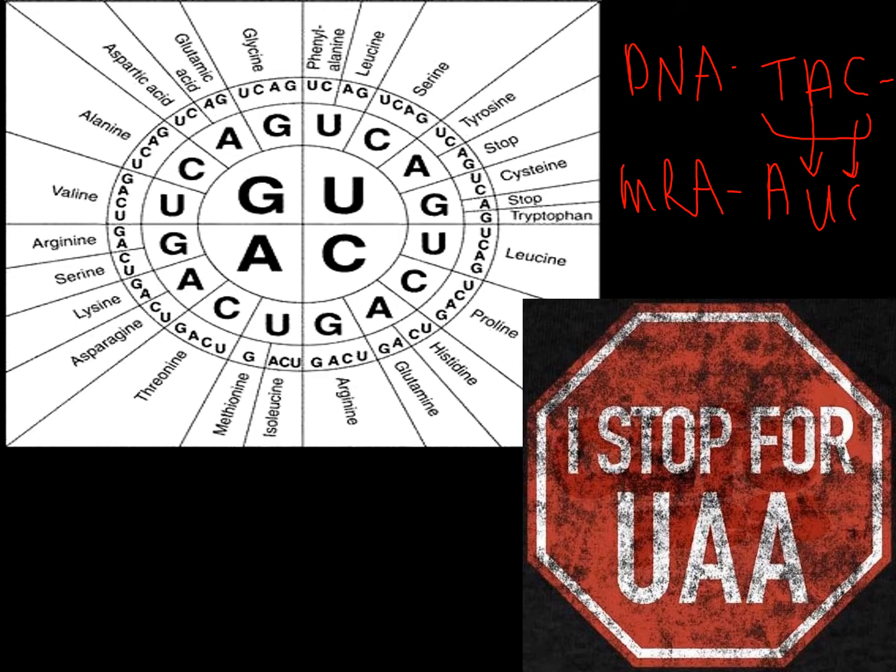C goes to G. Once I get my mRNA, which is AUG, that's my first code. I have to find it on the codon wheel. How do I do that? Start from the big letter, A. Next letter is U. Next letter is G. See how it kind of just went down? That name is methionine. I'm just going to write meth. So that is my amino acid.